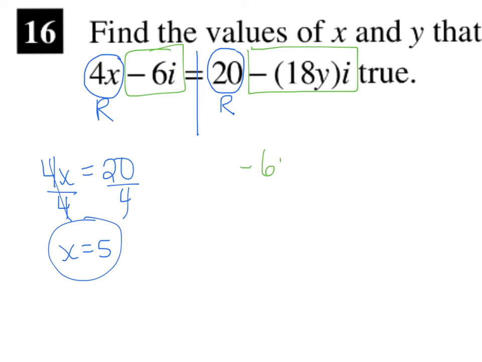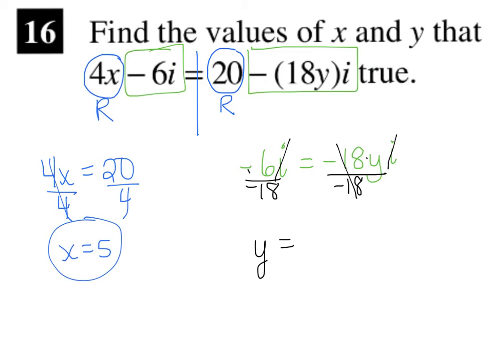So negative 6i equals negative 18yi. First thing, cancel out those i's. And the y's multiplied by negative 18, so we need to divide both sides by negative 18. And when we reduce, negative becomes positive, and 6 over 18 reduces to 1/3.